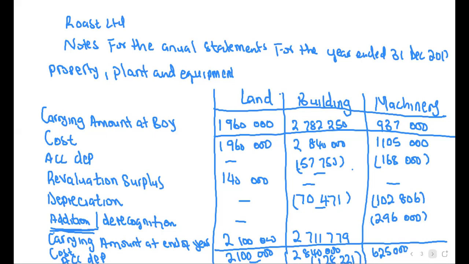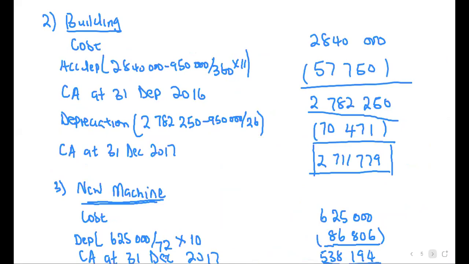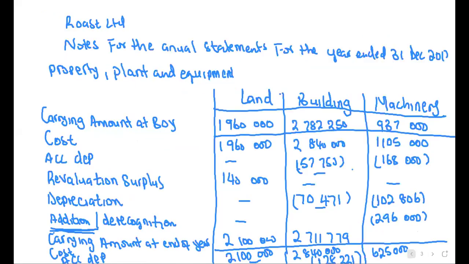Accumulated depreciation at the end of the year now is only for the new machine. So which means you are going to take this as the accumulated depreciation, 86,808. So you just come and say accumulated depreciation is going to be 86,808.